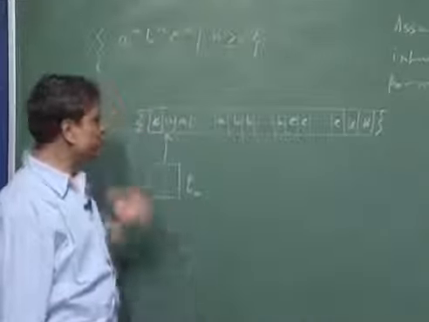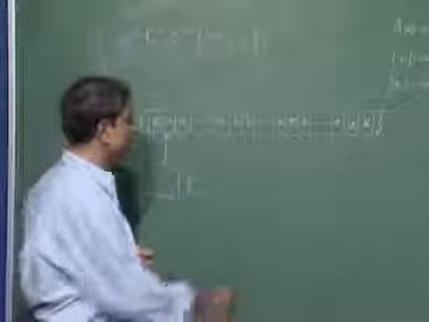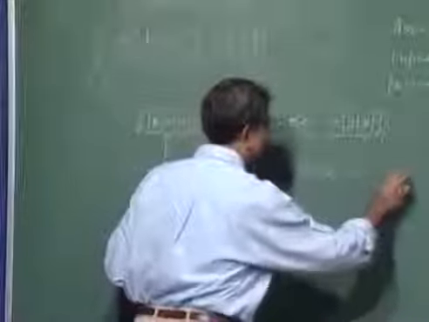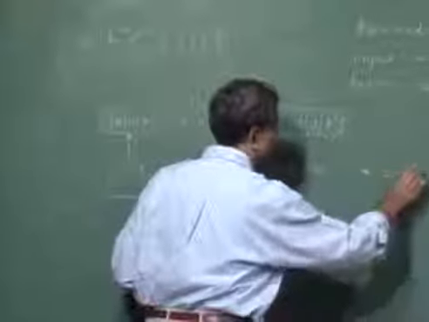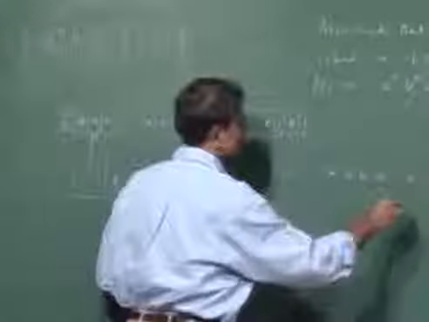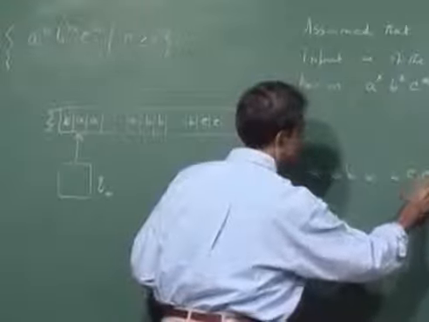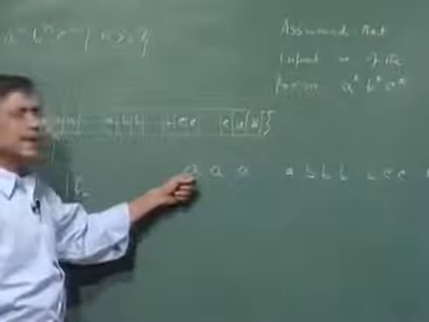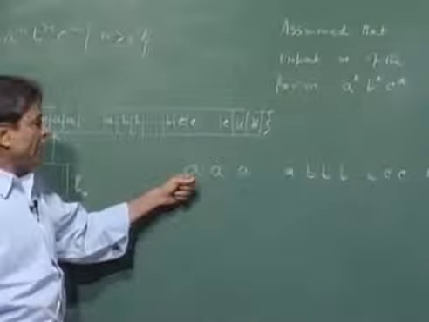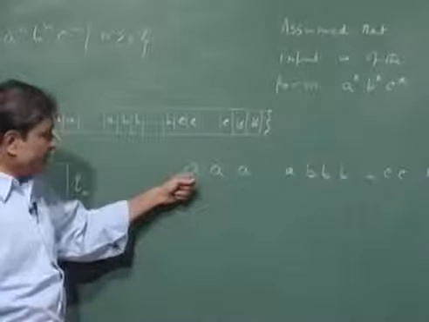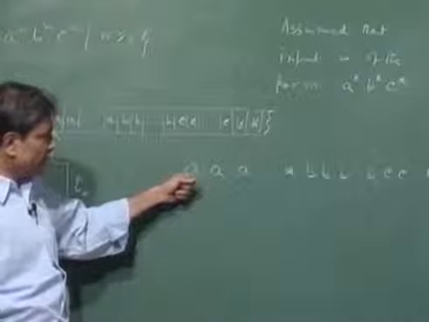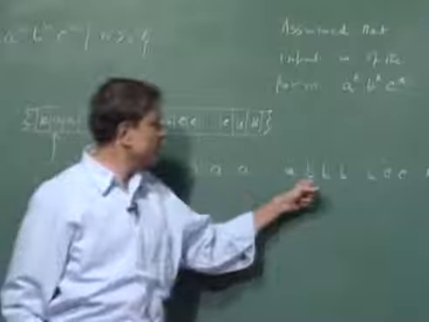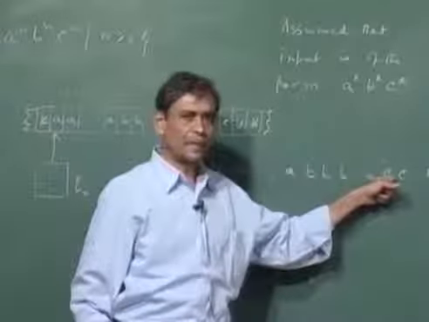One way of doing this, the strategy could be that it sees an A and then it will make sure that corresponding to this A there is a B and a C.